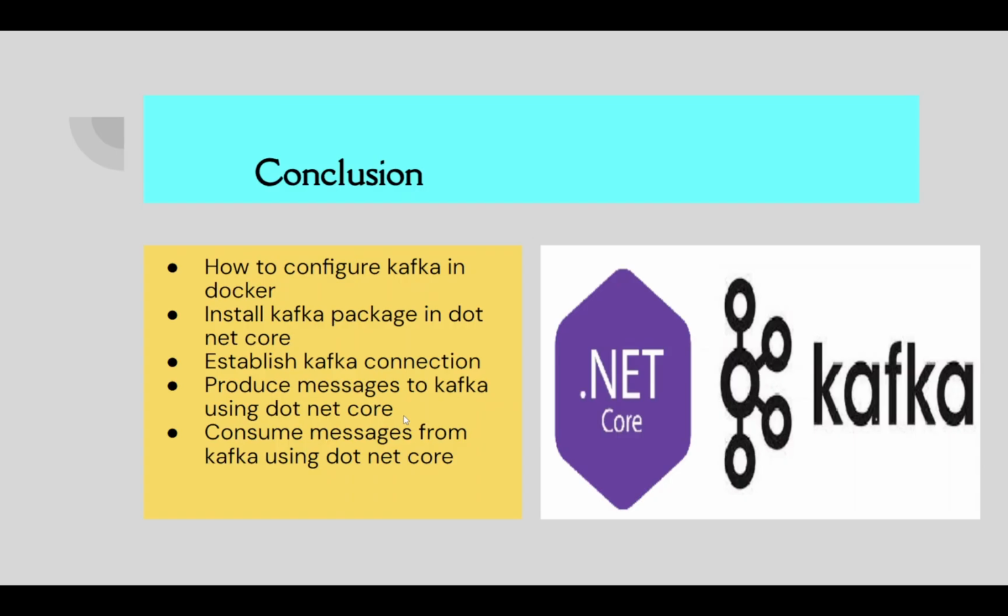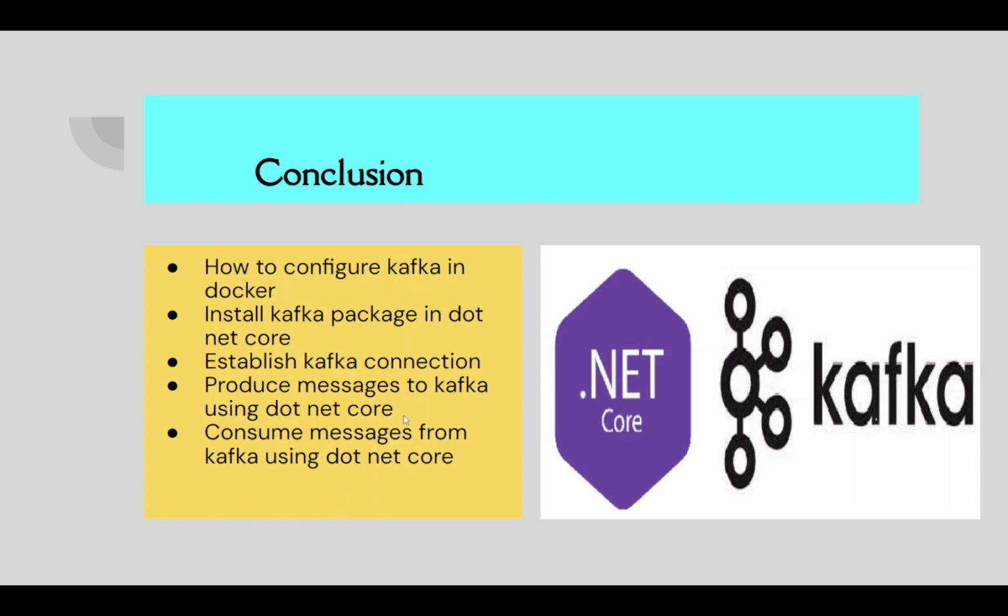So in this video, we have seen how to configure Kafka. If you want the detailed steps for how to configure Kafka in Docker, please watch my previous videos. We have seen how to install the Kafka package in .NET Core, which is Confluent.Kafka, then how the producer and consumer config are created and what the properties are, and how to build the producer and consumer pipelines to connect to Kafka.